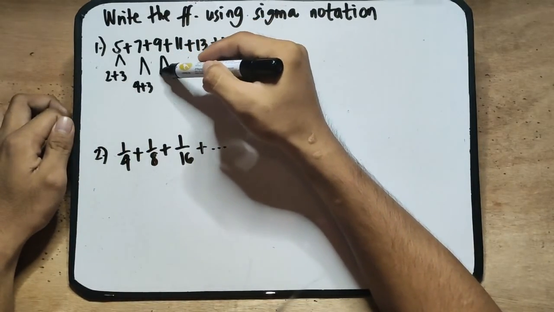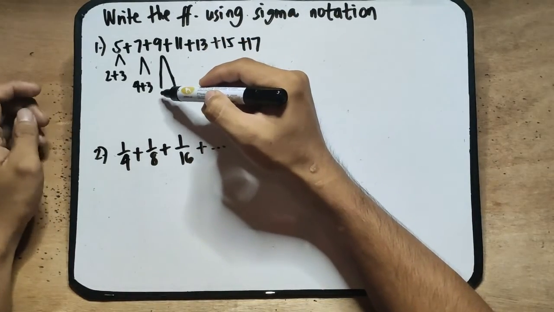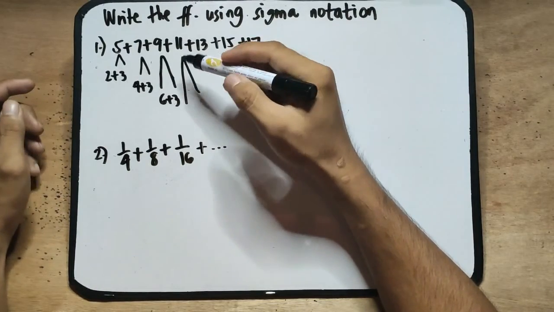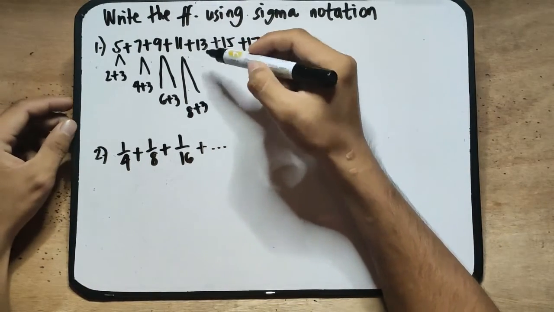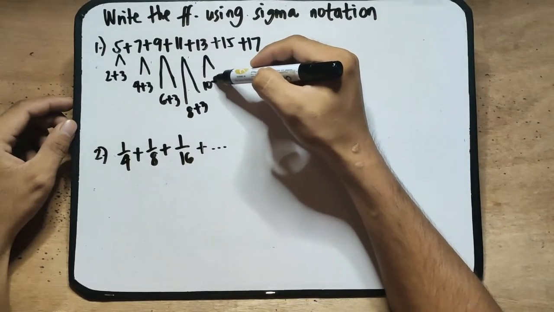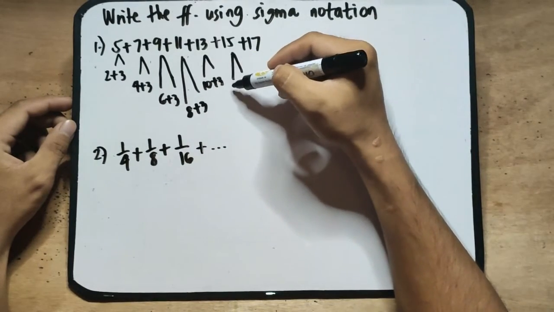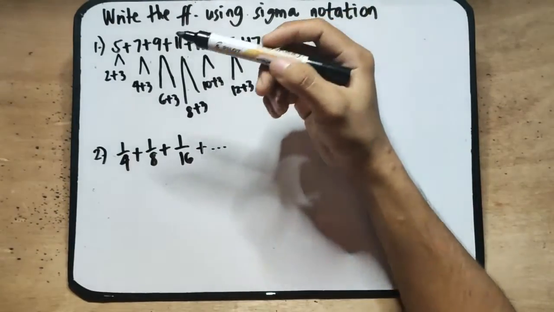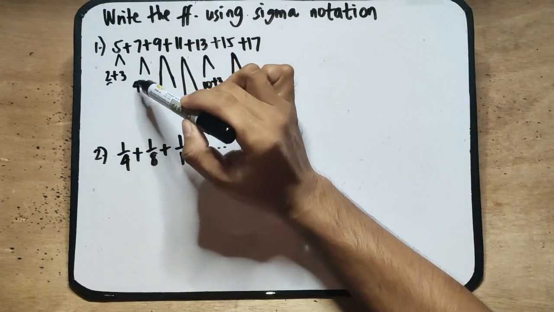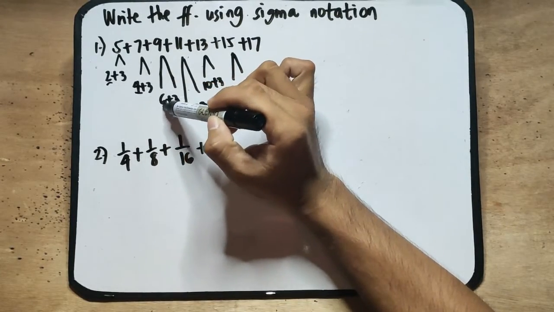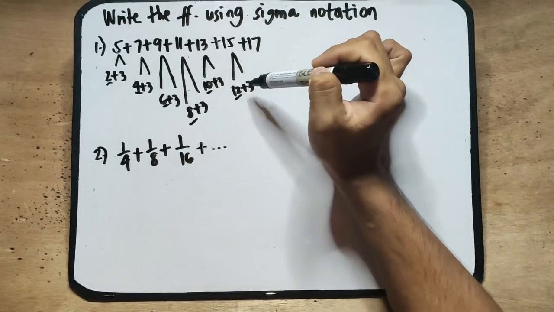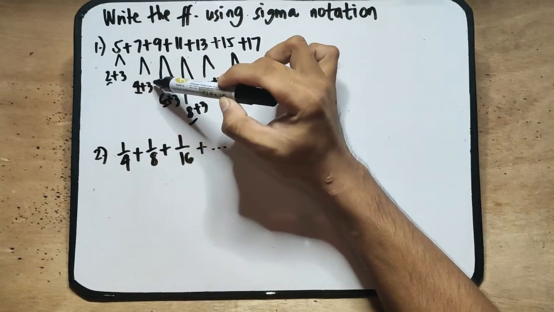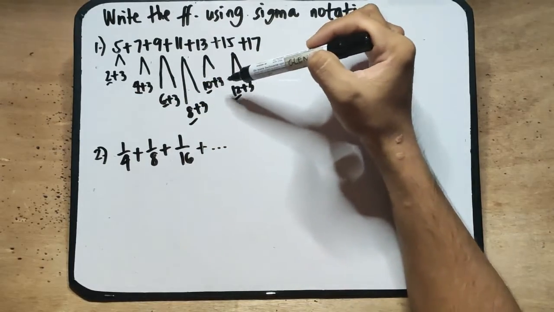Si 9, we have 6 plus 3. And then si 11, we have 8 plus 3. Si 13, we have 10 plus 3. At si 15, we have 12 plus 3. So, as we can see, yung mga numbers dito, right before 3, ay multiples ni 2. So, yung second terms ng mga yan, si 3, pare-pareho, 3, 3, 3, 3, 3, and 3.